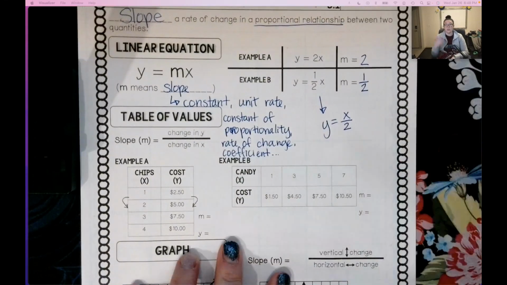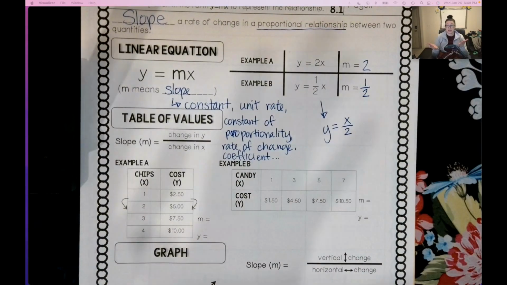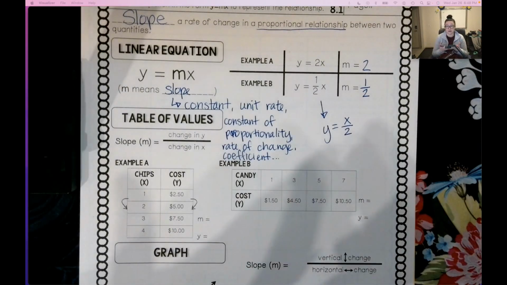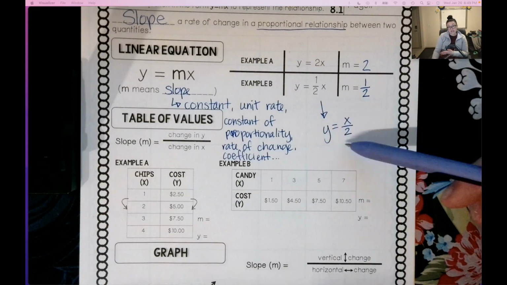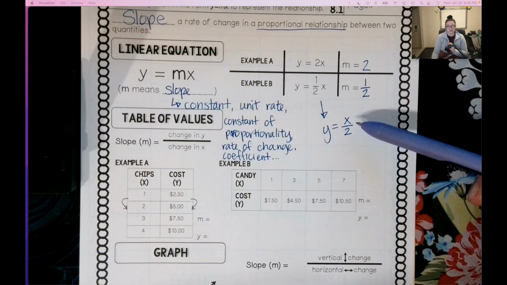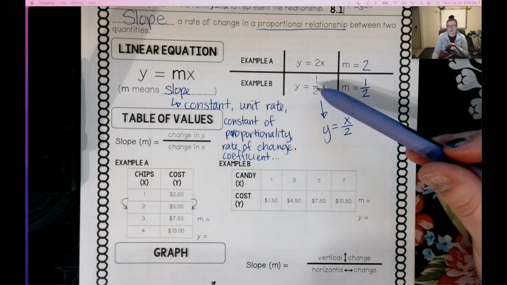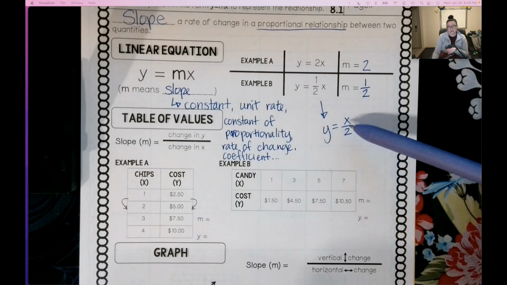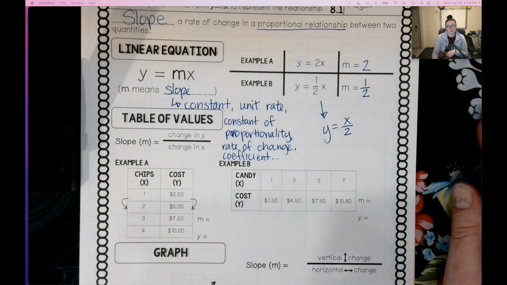Multiplying times 1/2 and dividing by 2 are the same thing. So yes, you may see an equation written like y is equal to x divided by 2, but that's a multiplicative relationship because I could also write it as 1/2 times x. So know that those two things go together, they're the same.